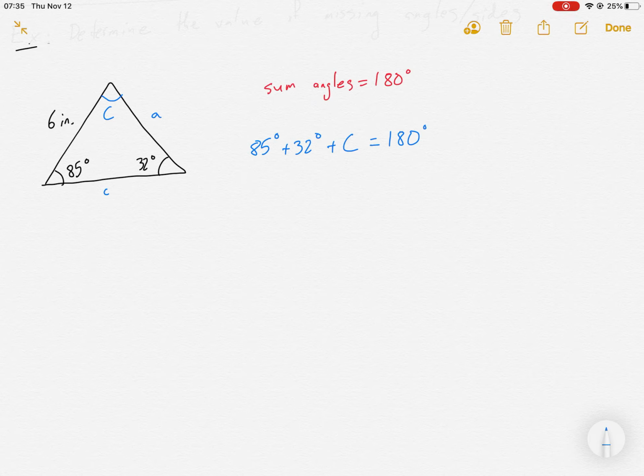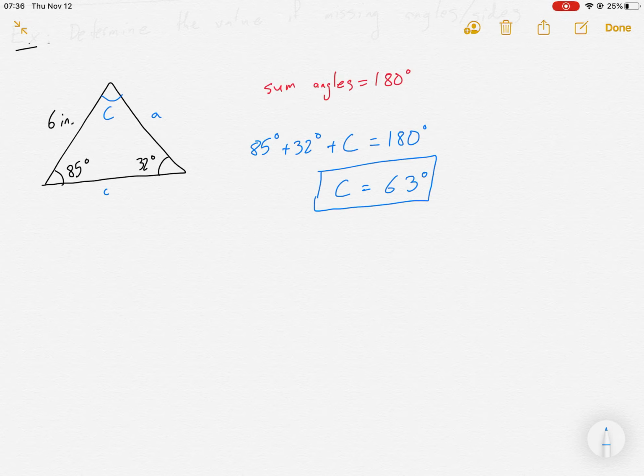So if we figure that out on the calculator, we could just do 180 minus 85 minus 32, and I end up with C being exactly 63 degrees. So I've actually already found one of my missing pieces. C is 63 degrees. And I don't actually have to use the law of sines to solve for that.